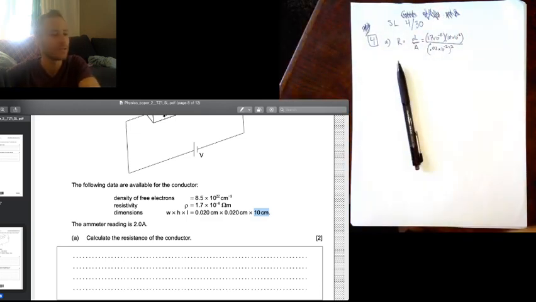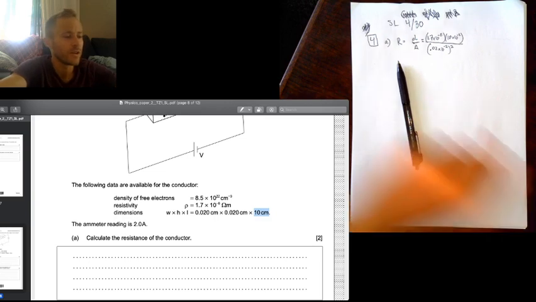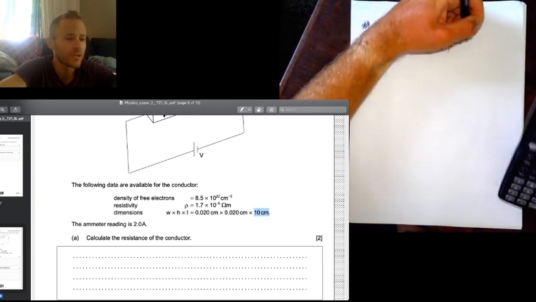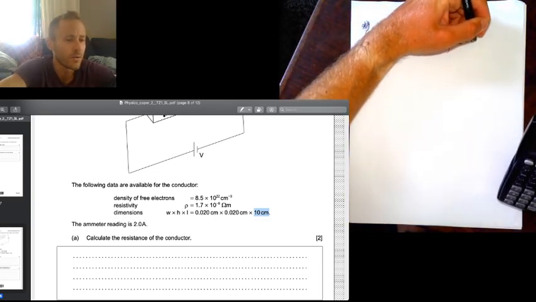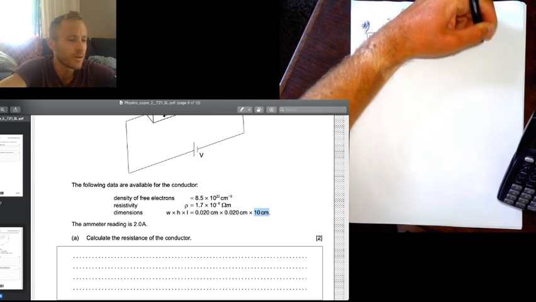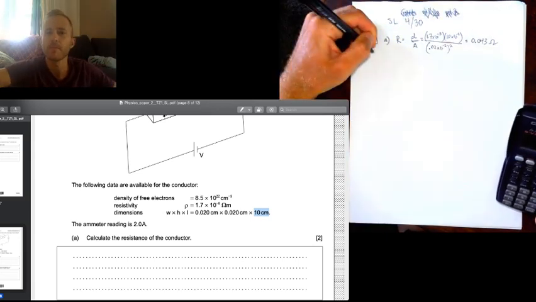That'll be our resistance: 1.7 times 10 to the minus 8 times 10 times 10 to the minus 2, divided by that area. That gives us a resistance of 0.043 ohms.